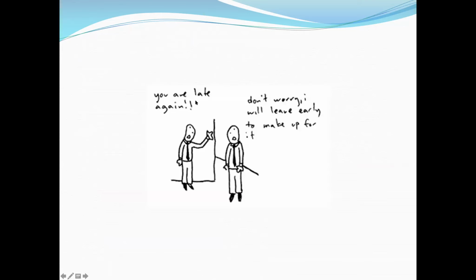"You're late again." All right. "Don't worry, I'll leave early to make up for it." It's just a joke. Nobody acts like that in the actual business field. But he might think this timing is quite late, and the other one might think it's not late. It's very punctual for that person.